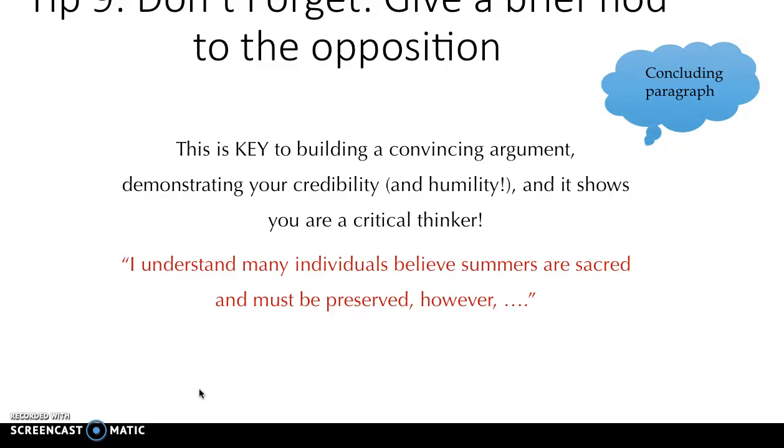This is the key to building a convincing argument, and it demonstrates your credibility and humility, shows that you're a critical thinker, and it demonstrates that you have the ability to truly show that you can provide a rational argument, but recognize that maybe there is another viewpoint. One example I've created might be something along the lines of this. I understand many individuals believe summers are sacred and must be preserved. However, so you're pretty much saying, yes, I understand the opposition, but still my argument is the best.